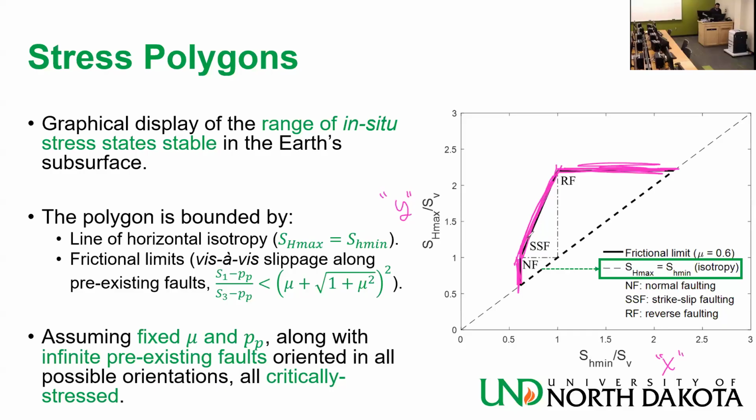I write this equation for normal faulting. S1 for normal faulting: what is S1 for normal faulting? The answer is SV minus PP. What is the S3 for normal faulting? The answer is SH mean.